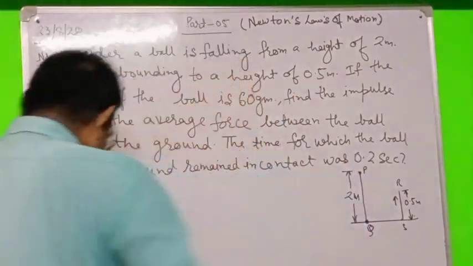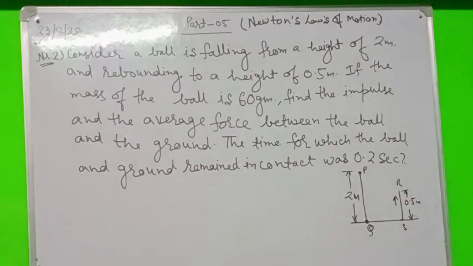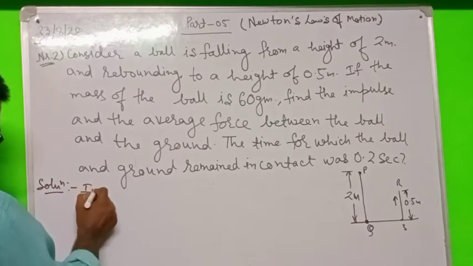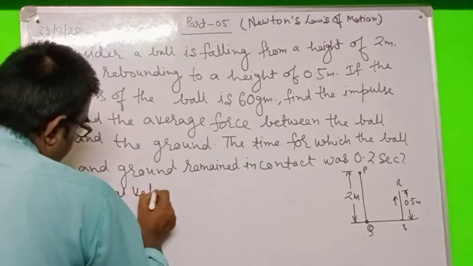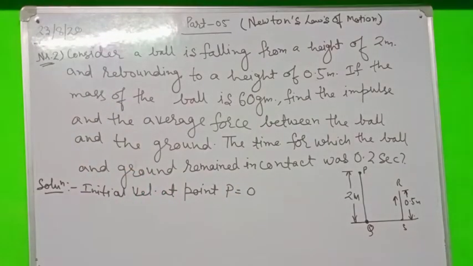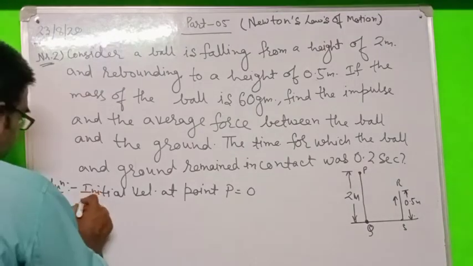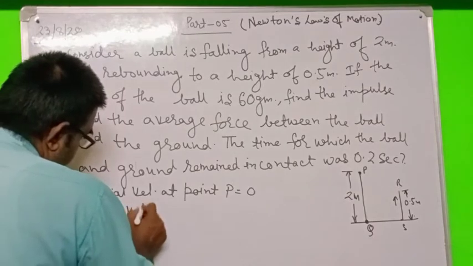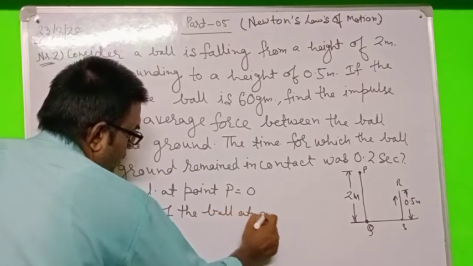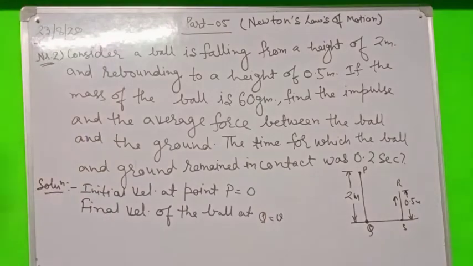Suppose the initial velocity of the ball at point P is equal to 0, and the final velocity of the ball at Q is supposed as v.